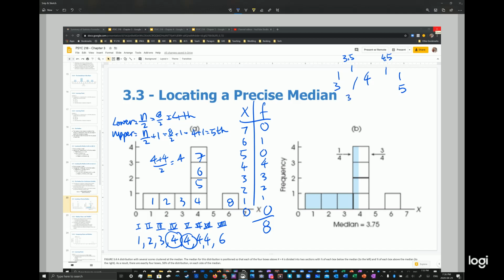Somebody could score 3 and 3/4. Somebody could happen to score, let's make it close, 3.99. Somebody could score 4.25, and somebody could score 4.49. Now, each of these would be counted as 4 on the scale, and it might read like this.